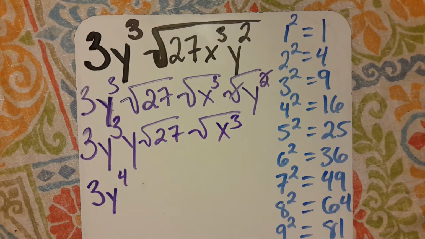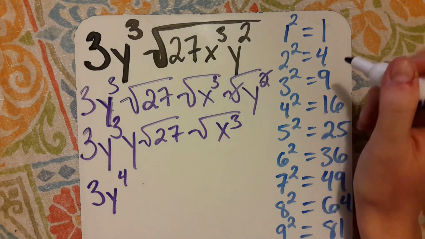Next I'm going to try this 27 and think, okay, what are two numbers that multiply to 27, specifically using square numbers? Over here on this column, I'm going to find the biggest square number that divides into 27.